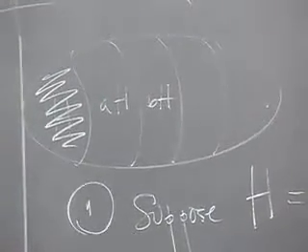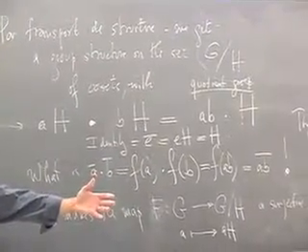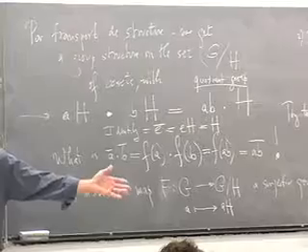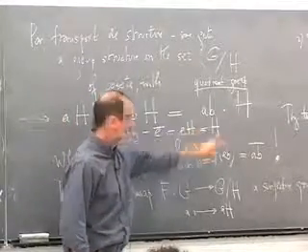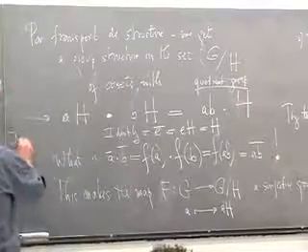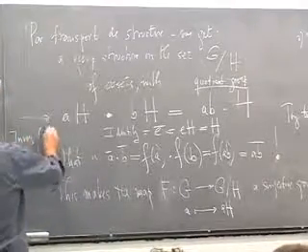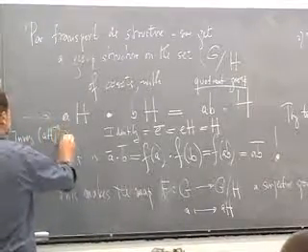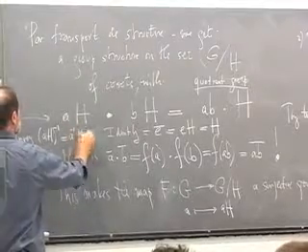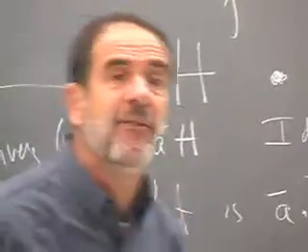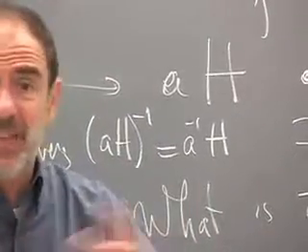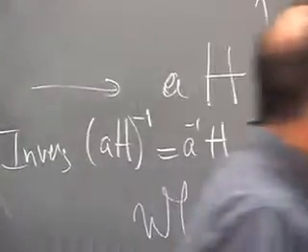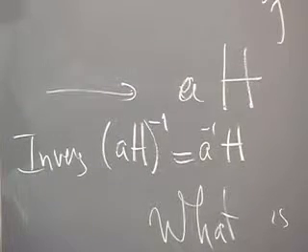How about the inverse element? What's the inverse of the coset aH? The coset of a inverse, because a times a inverse is the identity element. So the inverse of aH would be a inverse H. But those are all details. First you have to have a multiplication law before you get the identity and the inverse and associativity and this and that.